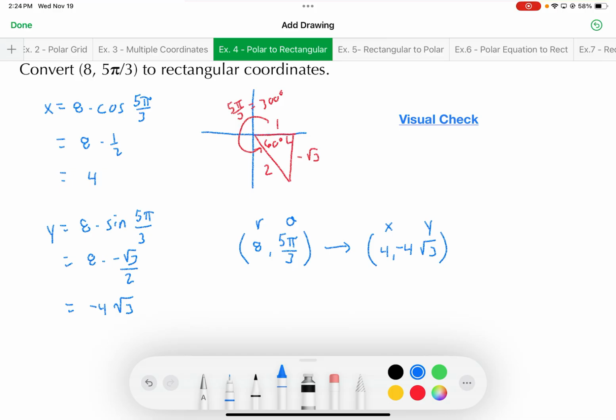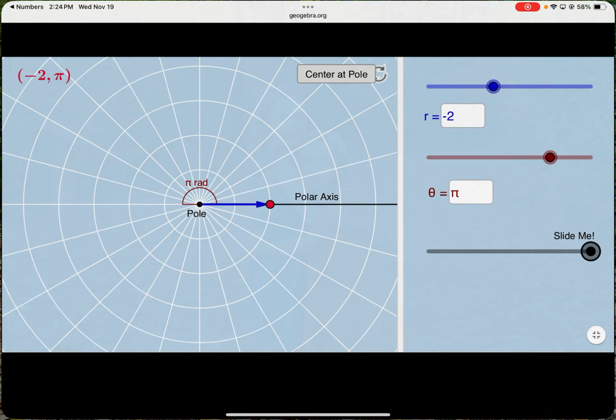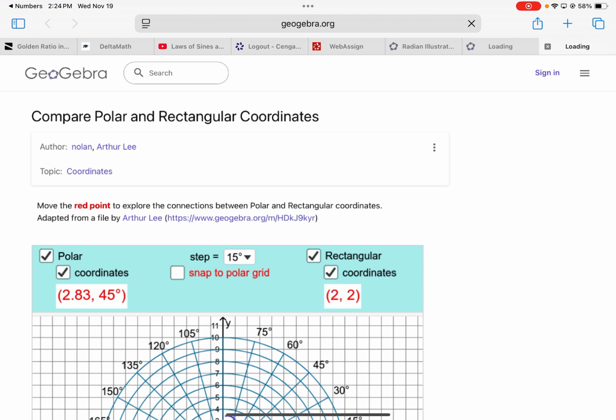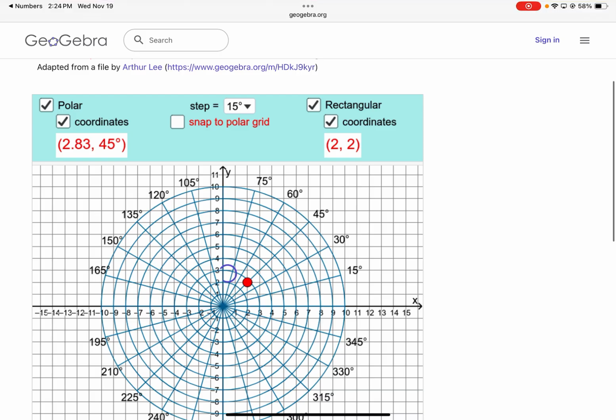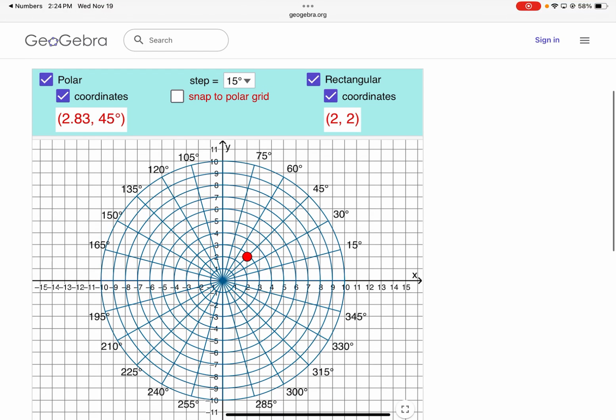Now, I found an applet that is a nice visual of this. And it shows both coordinate systems overlaid with one another. So it shows that they're coinciding with each other. Okay, so if I click that box, that allows me to plot this point in terms of the polar coordinates. So I want 8, 5 pi over 3 right there.